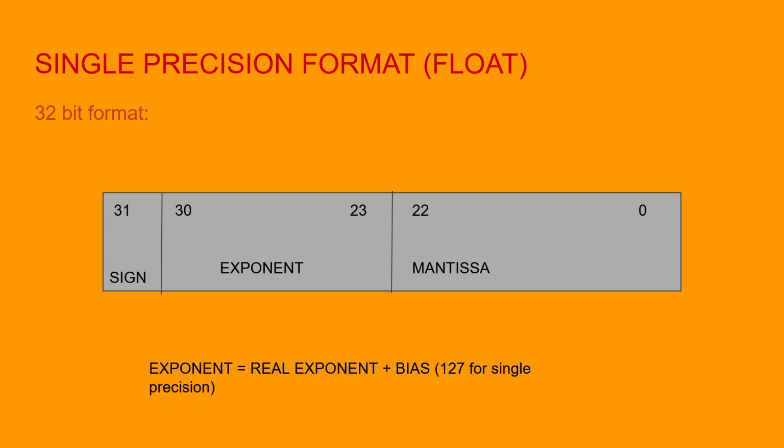The interesting thing about the exponent is the format saves not the real exponent but a biased exponent, and the biased exponent can be calculated by adding a biasing constant to the real exponent. The biasing constant for single precision format is 127.